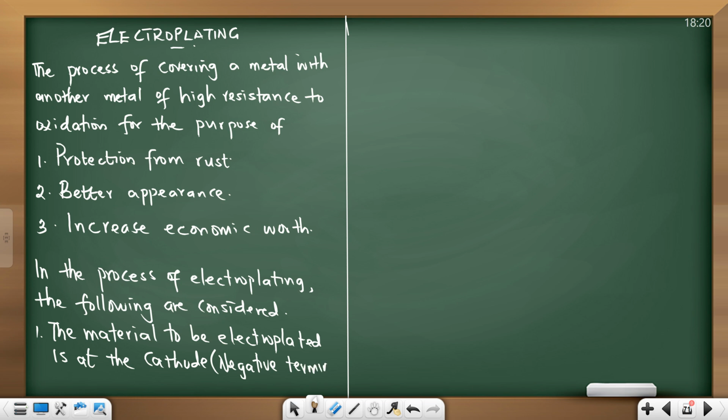So if I want to electroplate a spoon, the spoon should be put at the cathode. And I'll tell you how I remember this. If I want to electroplate with gold, it means I want to see gold on the spoon, right? It's not real gold. The spoon is not gold, but I want to cover it.